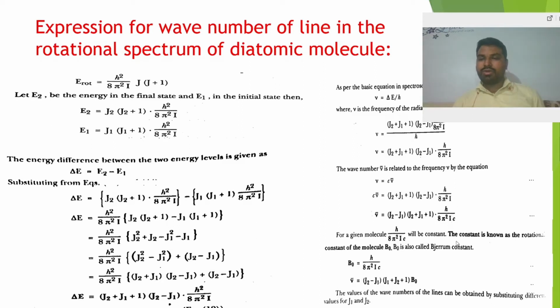This constant is known as the rotational constant of the molecule, that is B0, and B0 is also called the rotational constant. Hence B0 will be h upon 8 pi square Ic. Hence nu bar will be j2 minus j1 and j1 plus j2 plus 1, B0. The values of the wave number of lines can be obtained by substituting different values for j1 and j2.